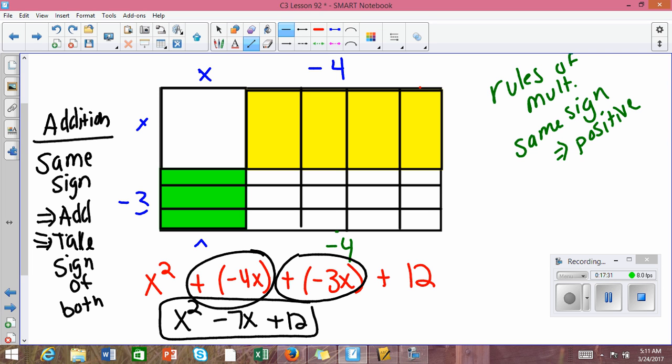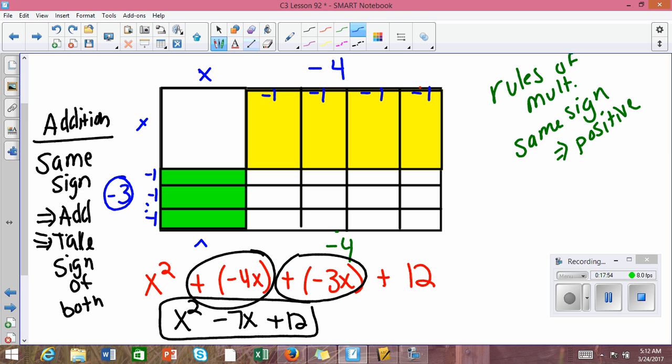Okay. What I would like to point out is that my boxes are not exactly perfect, but this would be a -1, a -1, and a -1, because that is how we are going to get to our whole -3. Okay, then up here, these are going to represent -1, -1, -1, -1. That's how we get to our -4.